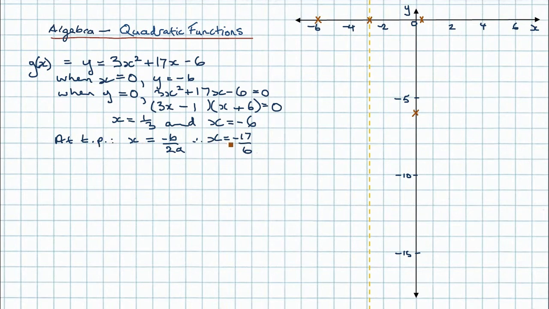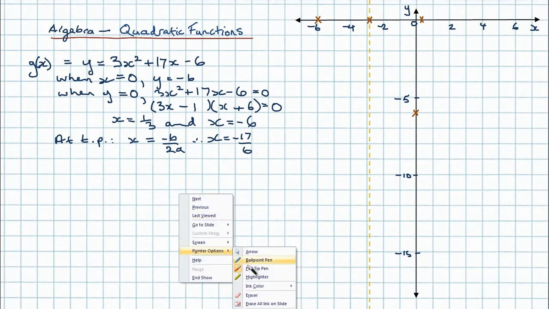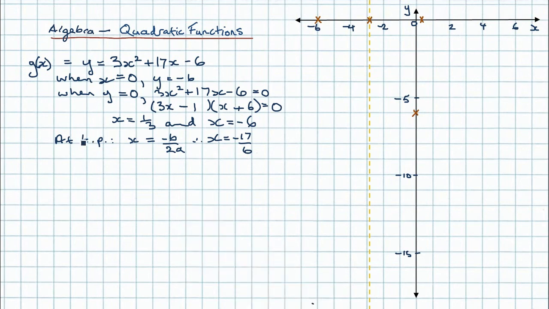So let's have a go. We need to substitute x equals minus 17 over 6, minus 17 sixths, into this formula here, into this quadratic equation, I should say. So let's do it algebraically.